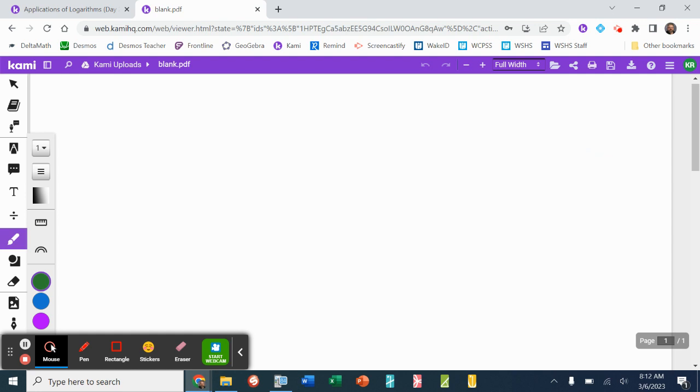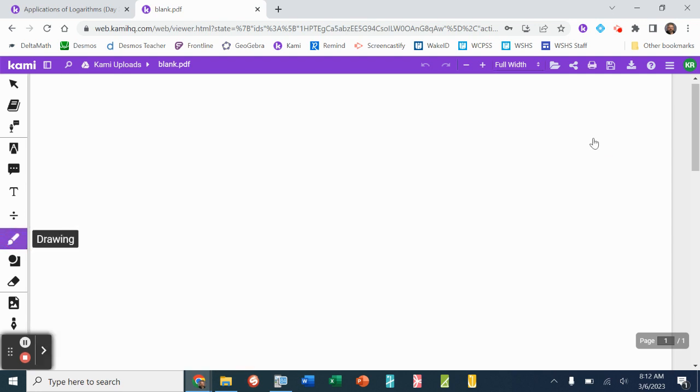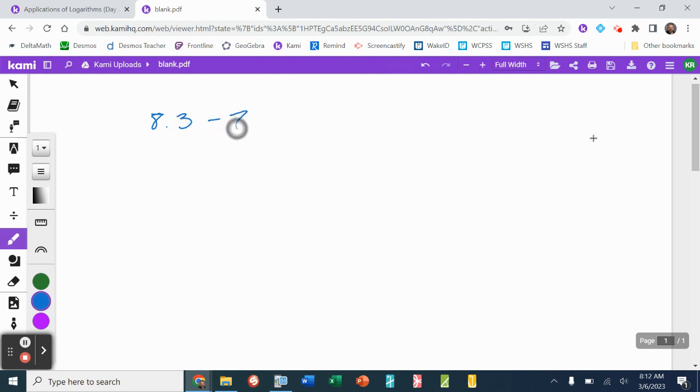Basically, what it's asking is to find the difference in the intensities, or the difference in the magnitudes. The one in 1906 was 8.3, and the one in 1989 was 7.1.